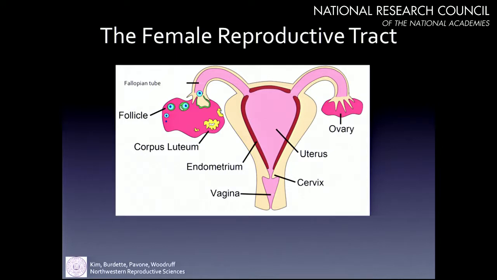So this is where it all begins. This is where you and I all began, right in the fallopian tube. And we can all pretty strongly agree that without the female reproductive tract, mankind will cease to exist. That is a very strong argument or a reason to make sure that the female reproductive tract is preserved and protected.